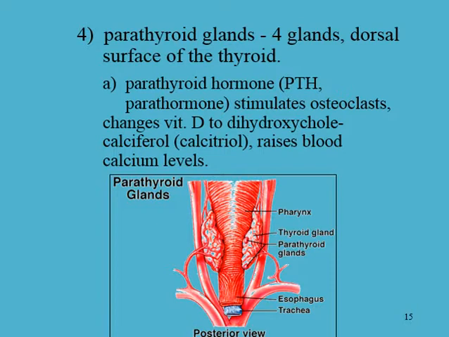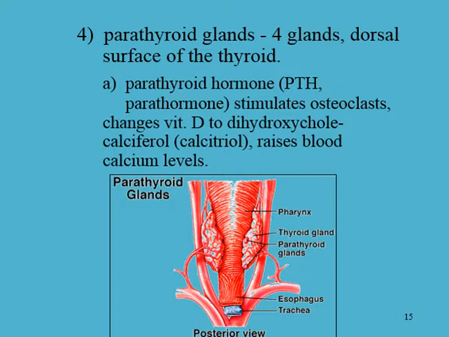And the parathyroid glands produce a hormone called parathyroid hormone, but oftentimes it's called parathormone or PTH. Okay? So parathyroid hormone, parathormone, PTH, all the same thing. So a hormone produced by the parathyroid glands. This hormone has the opposite effect as thyrocalcitonin.